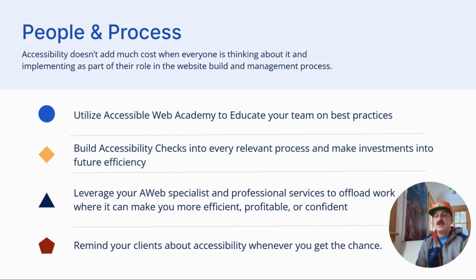It's intentionally built to be super affordable. Build accessibility checks into every relevant process. So make sure that designers, developers, QA, content creators, that they have tools and that they are using the tools and that they know they have a responsibility to be completing accessible work as part of their process.